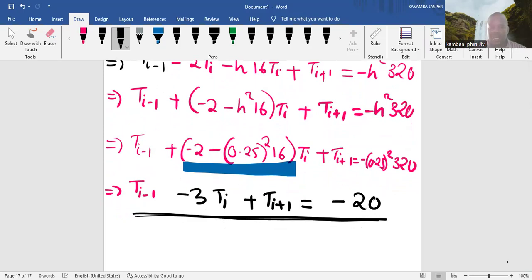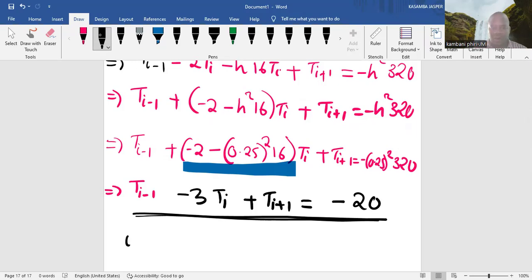But now we want to find the finite difference solution. So we must find T1, T2, T3 up to, I think, T4. Remember we said we are dealing with the inner nodes.